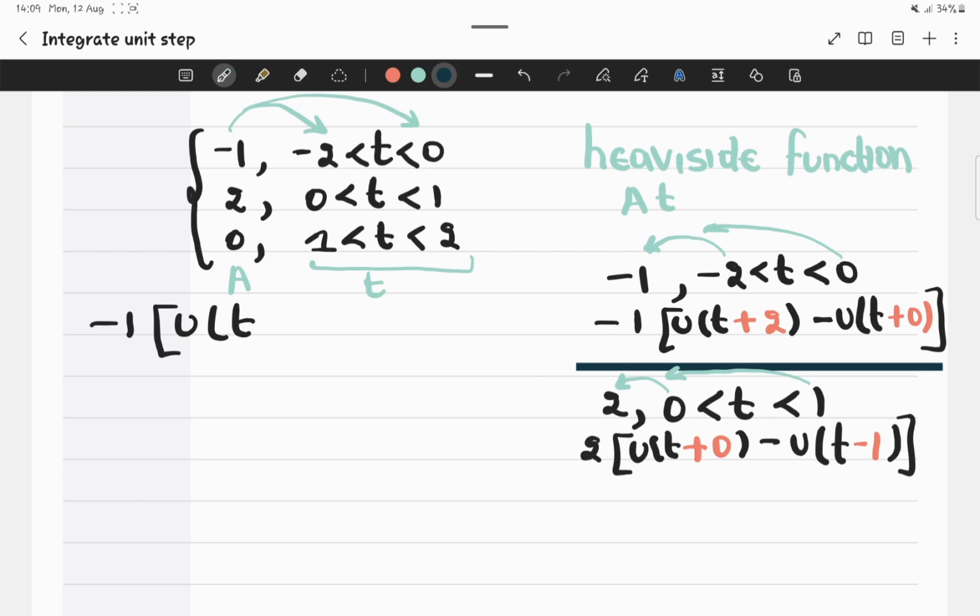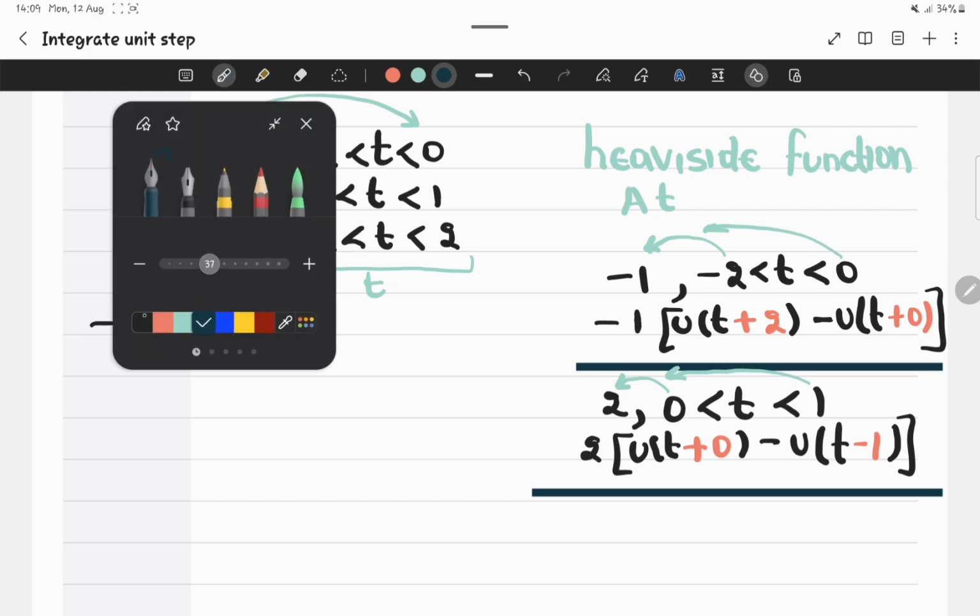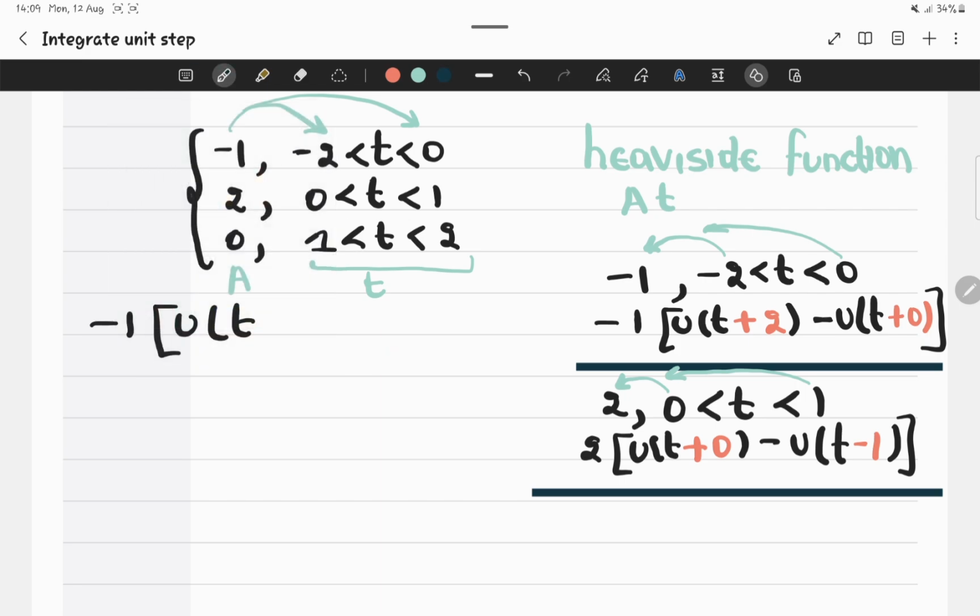The last one, let's try this so you can see what is going to happen. Pay attention to this one, because here we don't have 0, we only have a number that is bigger than 0.